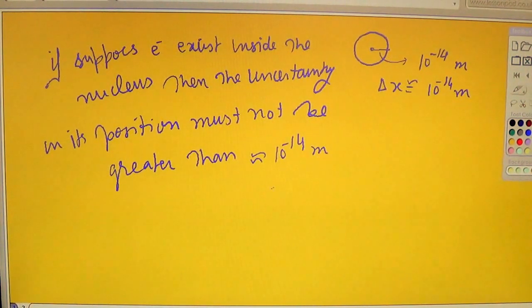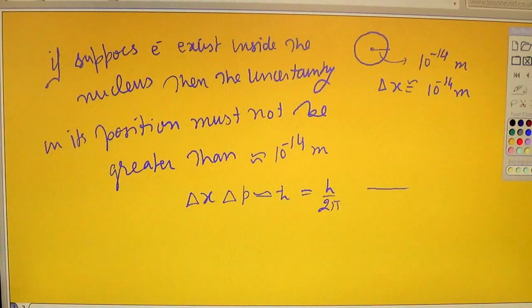According to the uncertainty principle, delta x, the uncertainty in position, and delta P, the uncertainty in momentum, the product of these two uncertainties is equal to h cross, that is h upon 2 pi.